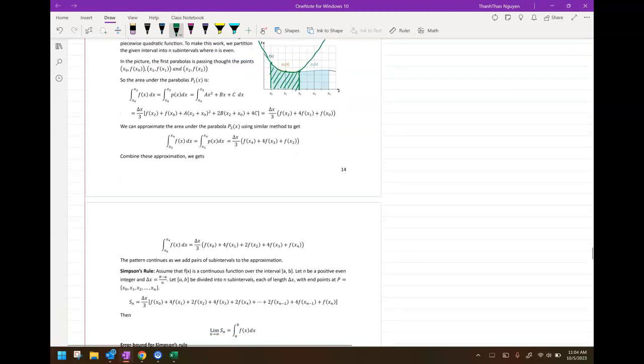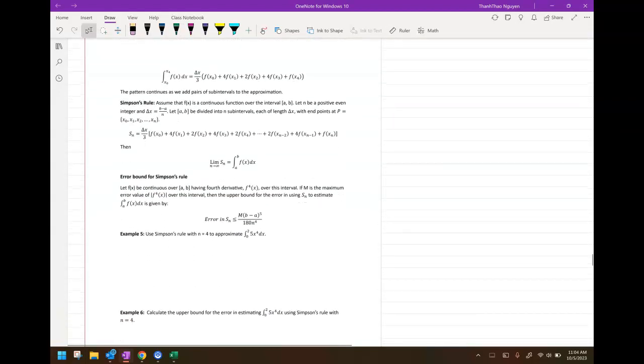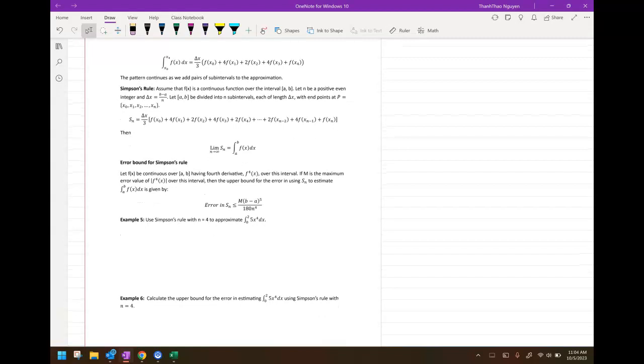Okay. So the formula for this is, let f of x be a continuous function over the interval [a, b]. Let n be a positive even integer and delta x equal b minus a over n. Let [a, b] be divided into n subintervals, each of length delta x, with the endpoints at P equal x0, x1, x2 to xn.